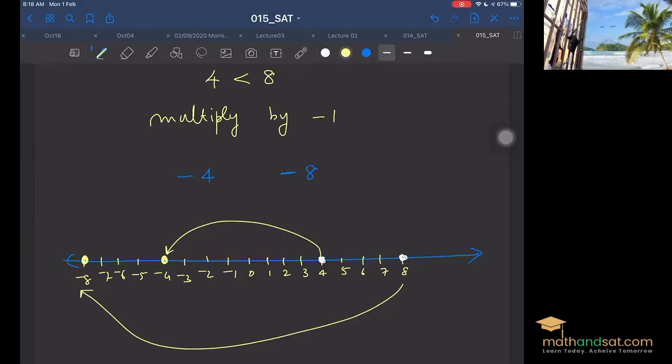Now what happened? Now your -8 is on the left side of -4. So we have -4 greater than -8. Hope this is clear.